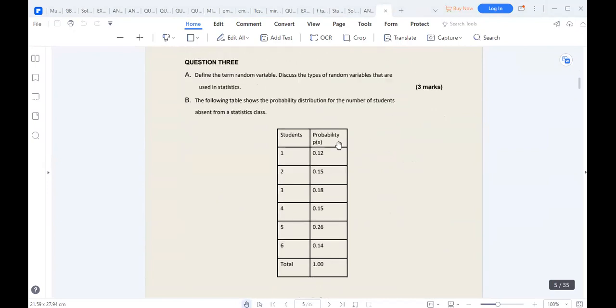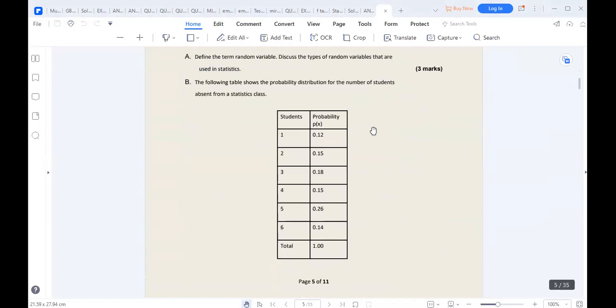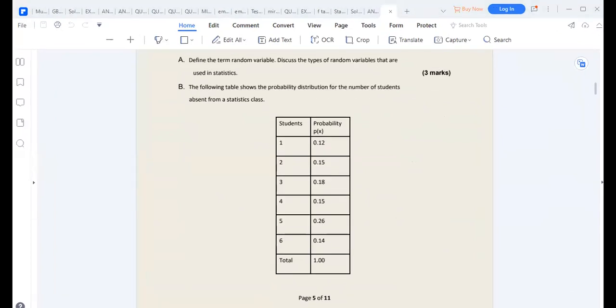Okay, so if you're given our values as follows, and you're asked to define what a random variable is and the types of random variables that are used in statistics. Who remembers what a random variable is and the types of random variables that are there?